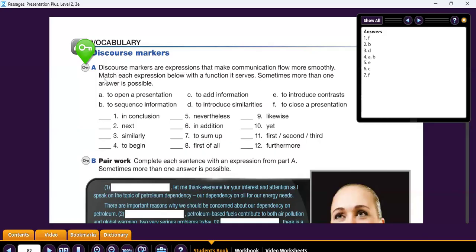So sum up is okay, you can use it to open a presentation, or to close a presentation because it's the summary. Seven is F. A, first of all, to open a presentation.